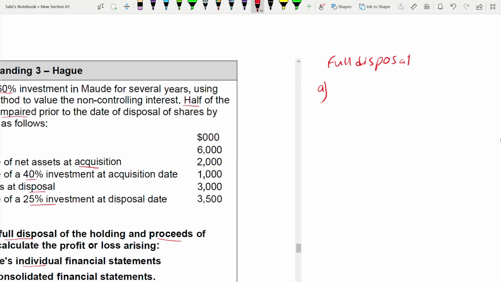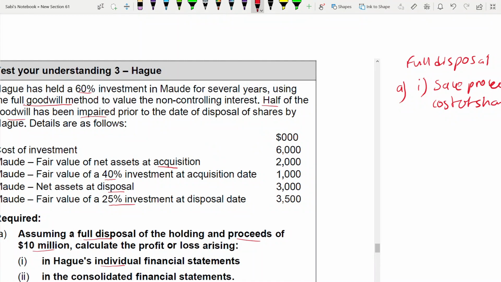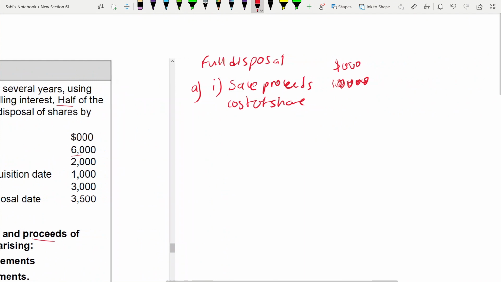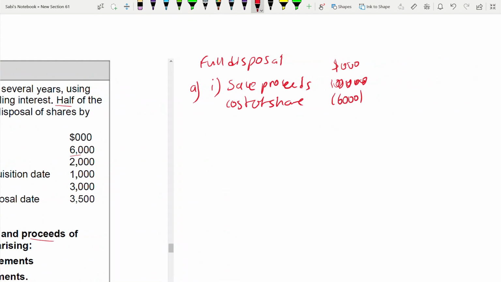In the individual financial statement, the first part is just the sale proceeds and the cost of the shares sold. Sale proceeds were 10 million, so we drop the 3 zeros: 10,000. I know my handwriting is a little bad, but okay. And the cost of investment is 6 million, which is 6,000. So the profit in the individual financial statements for a full disposal is 4,000, or 4 million.